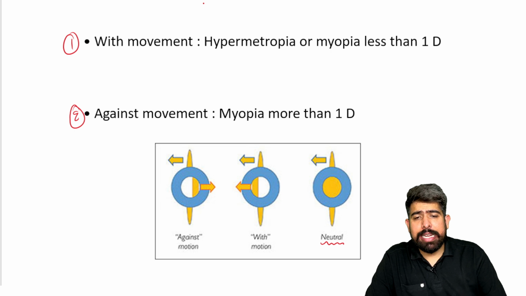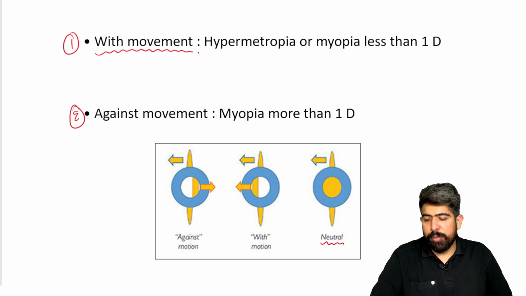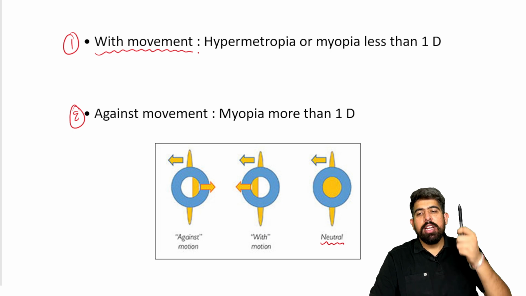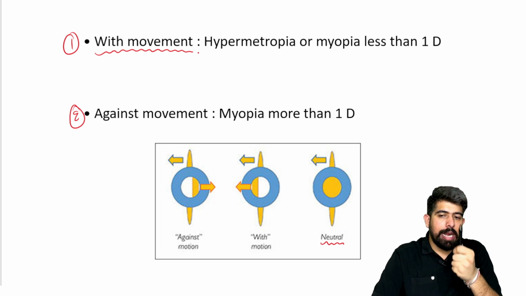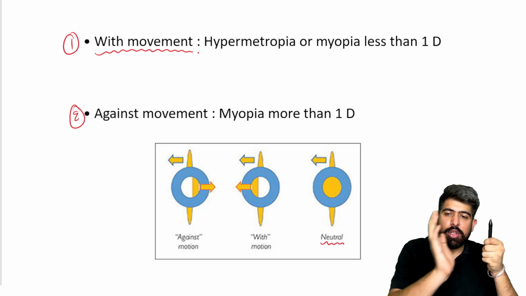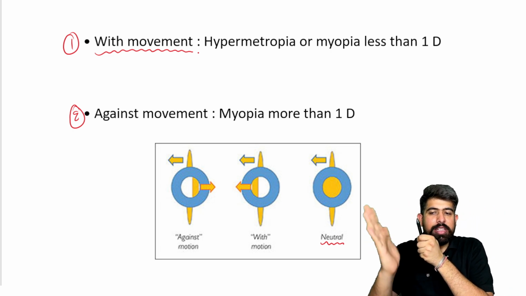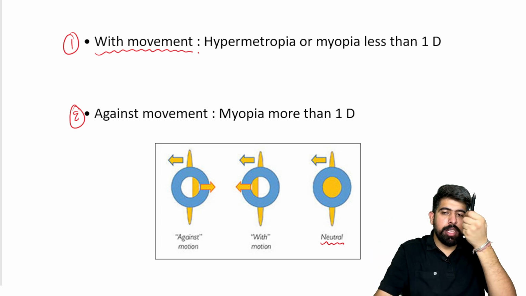Secondly, I can get the with movement. What do I mean by with movement? As I'm seeing the patient's eye, the reflex is there. As I move to the right side, the reflex also moves to the right side. As I move to the left side, the reflex also moves. This is my hand, the reflex, and this is my retinoscope.